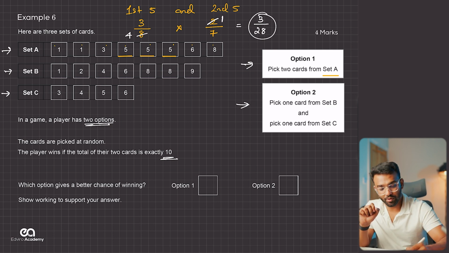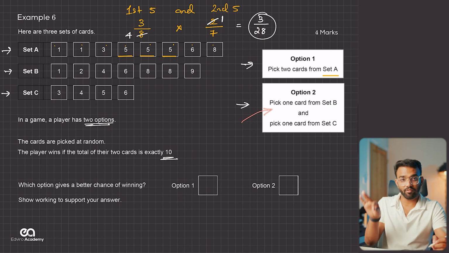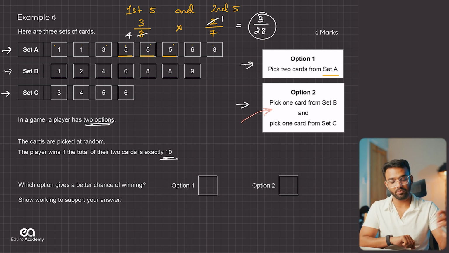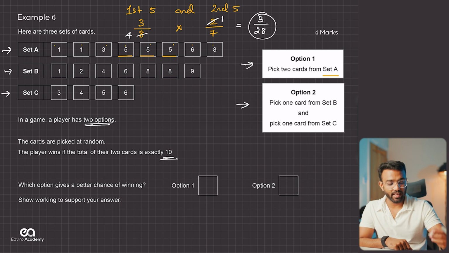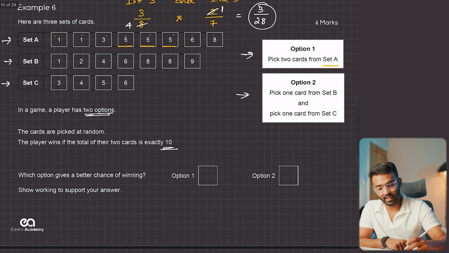Now, option 2 here says pick 1 card from set B and 1 from set C. So 1 from set B and 1 from set C. There's no space in here to write that down, but if I pick it up, guys, how would it be? What is the probability of set B and set C if you pick 1 card that would add to a 10?